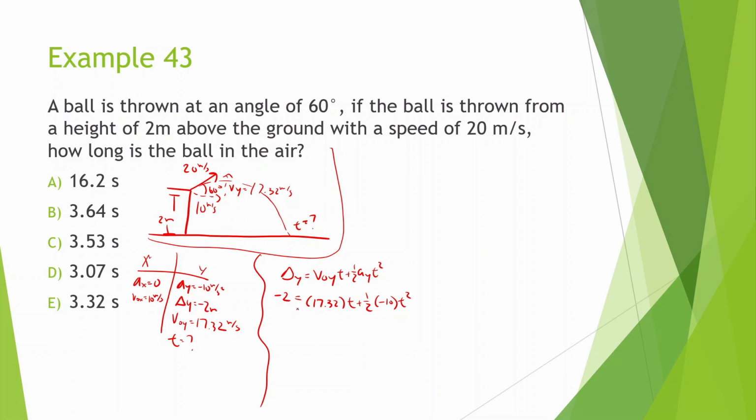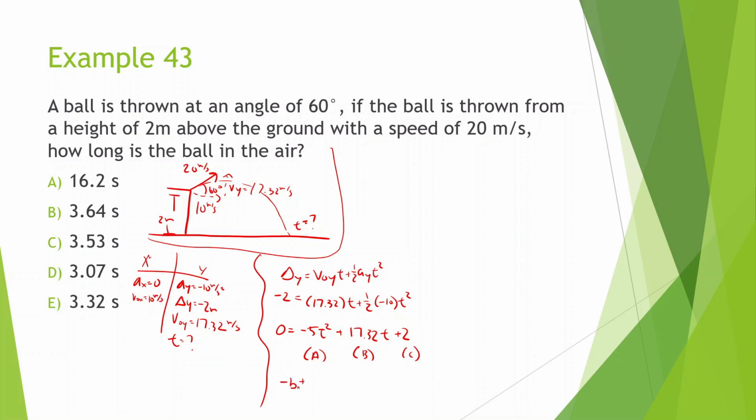What you should know at this point is that this is a quadratic formula. So let me set it up. 0 is equal to -5t squared plus 17.32t plus 2. Okay, we should all know that A is the one with the t squared, B is the one with just t, and C is the constant.